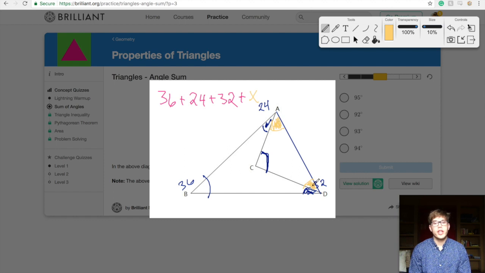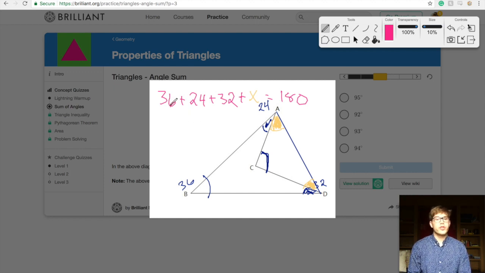I don't know their individual values, but I can solve for their combined value. And again, what does it equal? Well, this is just one triangle, so this should all sum to 180 degrees.